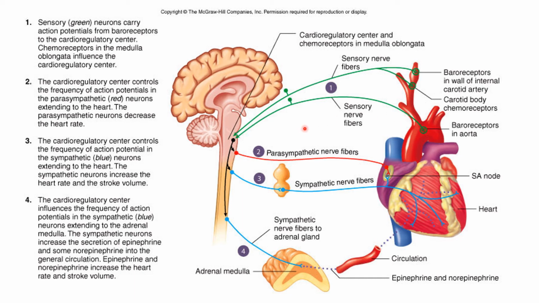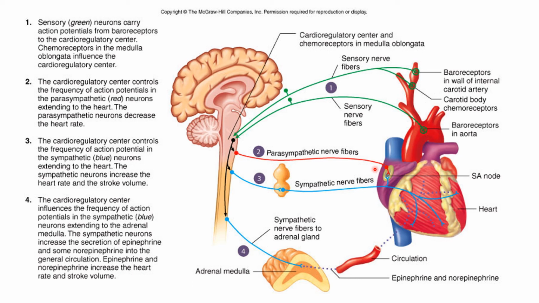Chemoreceptors in the medulla oblongata influence the cardioregulatory centers. The cardioregulatory center controls the frequency of action potentials in the parasympathetic neurons, the red ones extending to the heart, and the parasympathetic neurons decrease the heart rate.